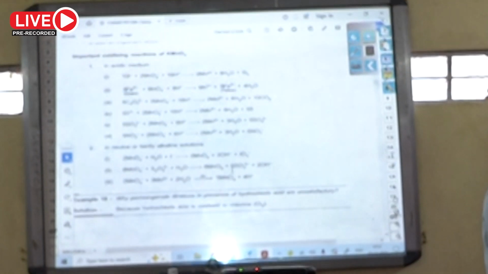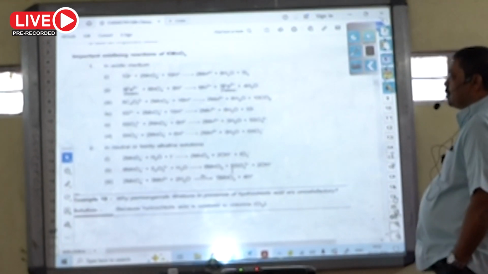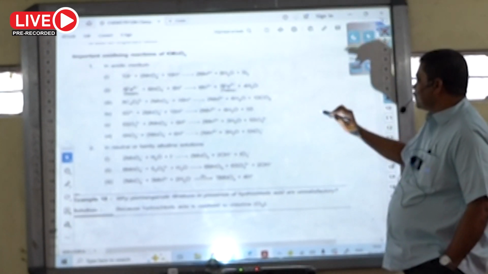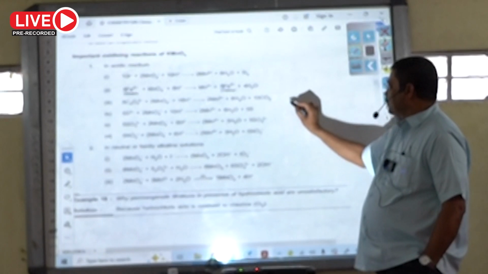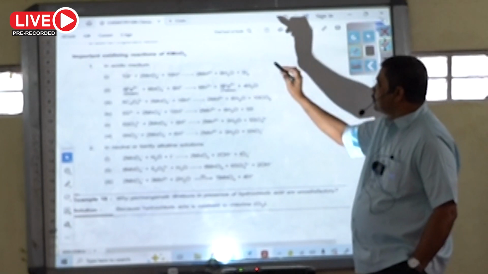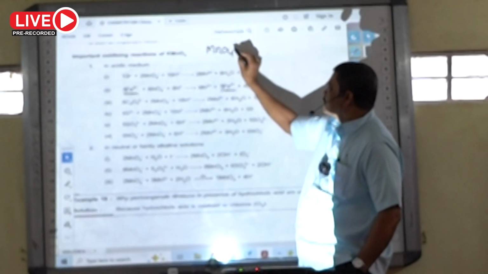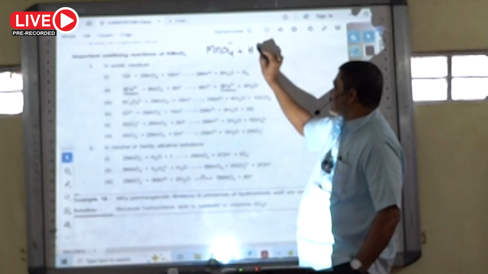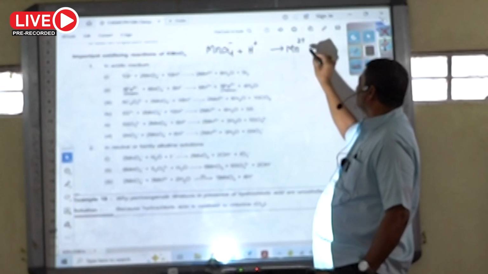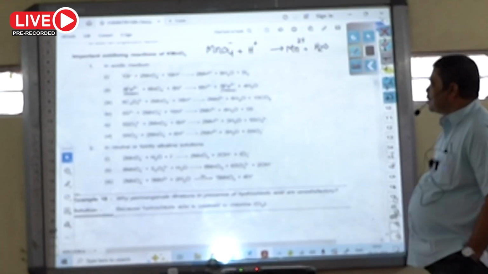Write the heading, important oxidizing properties of KMnO4. Actually, in acidic medium, MnO4 minus plus H plus gives Mn2 plus plus H2O.